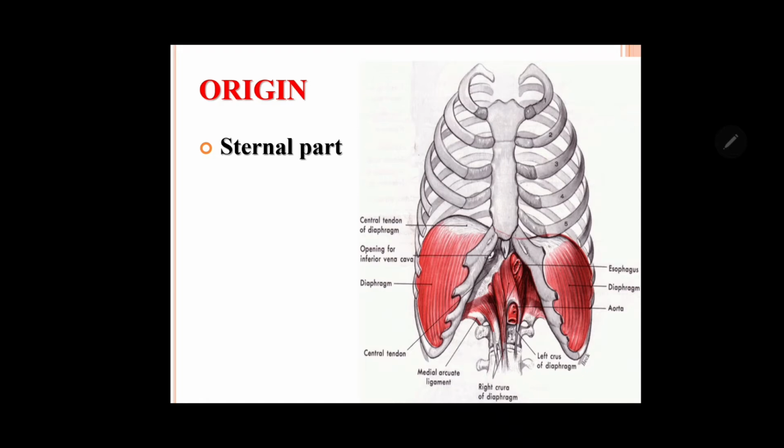They take origin from part of the thoracic cage, that is from the posterior surface of the body of the sternum via two slips. You can see two fleshy slips coming from there.